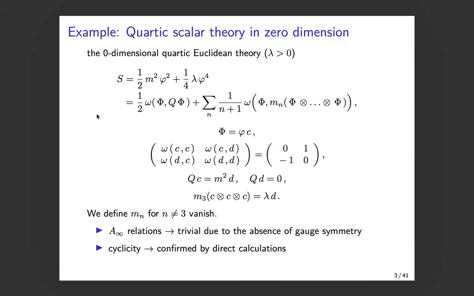So the L infinity relations are satisfied trivially. And cyclicity can be confirmed by direct calculation. This is very easy. So this is the description of the quadratic Euclidean theory in terms of homotopy algebra.